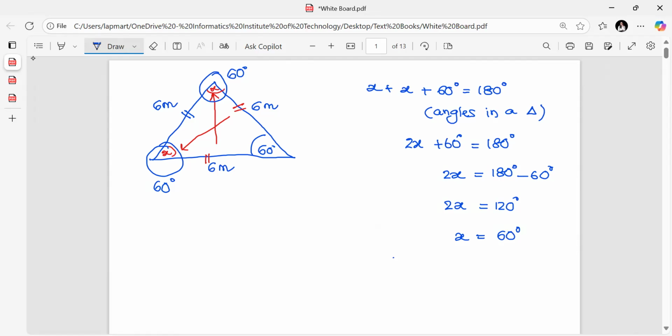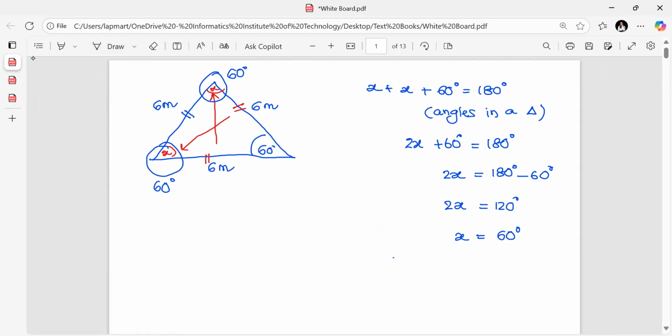Here, looking at the 6 meters and the 60 degrees, I felt that I wanted to check whether this is a special triangle or not. So I just tried it. It worked. So this is a special type of triangle. Earlier we felt that this is an isosceles triangle, but after doing all the calculation, I can understand this is an equilateral triangle.